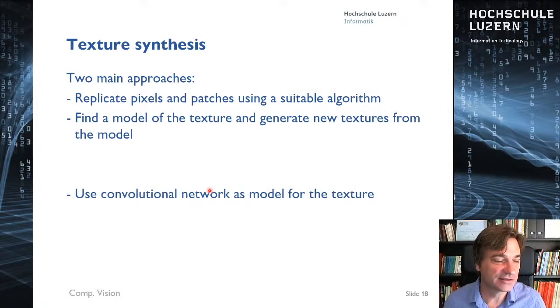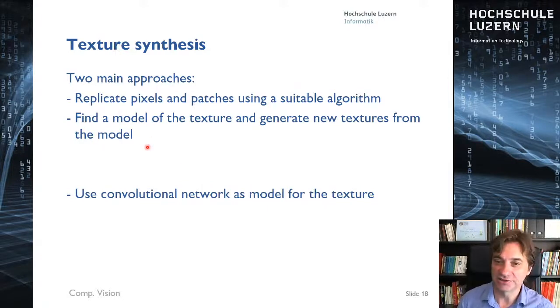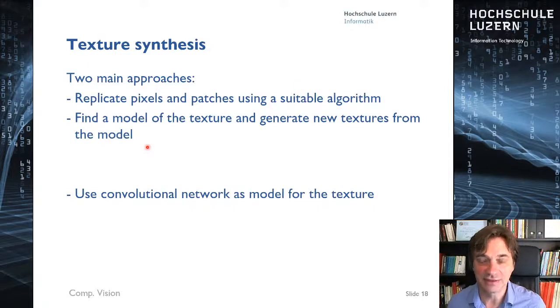The first approaches for that were just to replicate pixels and patches somehow and make sure that they fit together. But now with neural networks, we can use another approach. We can try to find a model of the texture and then just draw from that model.